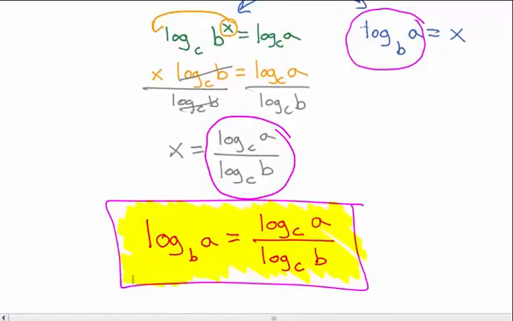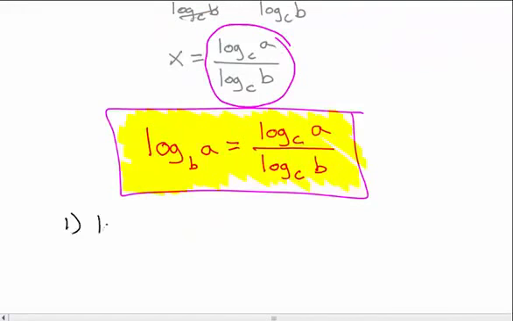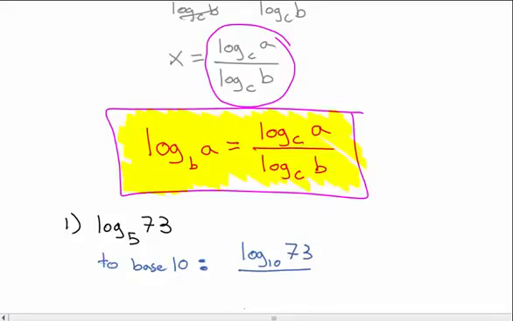We can change from base b to base c by dividing what's inside the log by the base of the overall log in two separate logs. So in other words, if we wanted to write log base 5 of 73 with a base 10, we would say log base 10 of the 73, the inside stuff, divided by log base 10 of the base, which is 5.